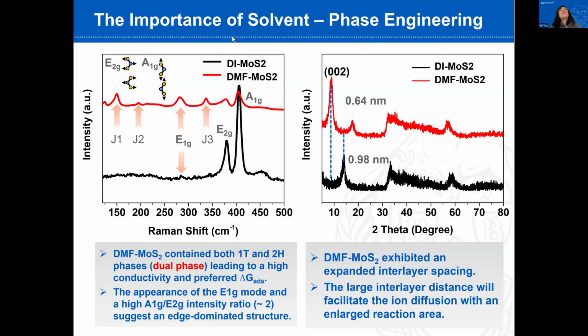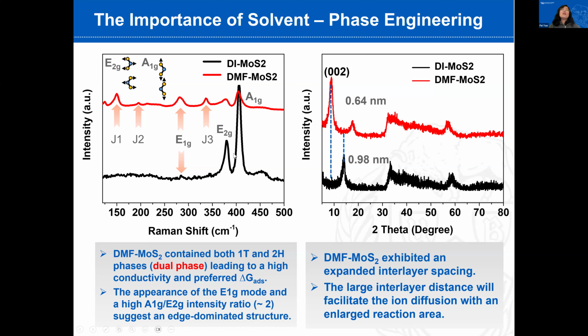But when we have the DMF in the solvent, in addition to these 2H related peaks, we also can see the J related peaks, J1, J2, J3. And we also have the E1G peak emerge in the spectrum, which is related to the edge planes.